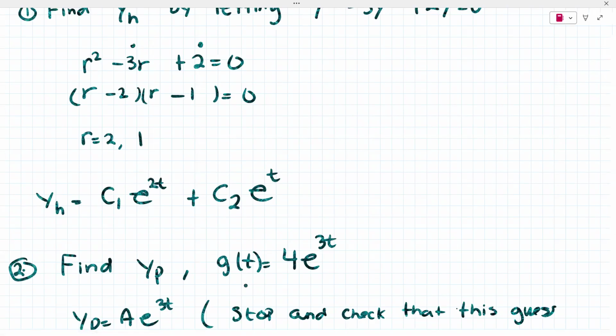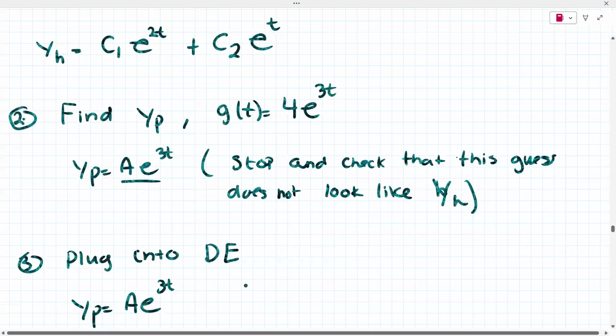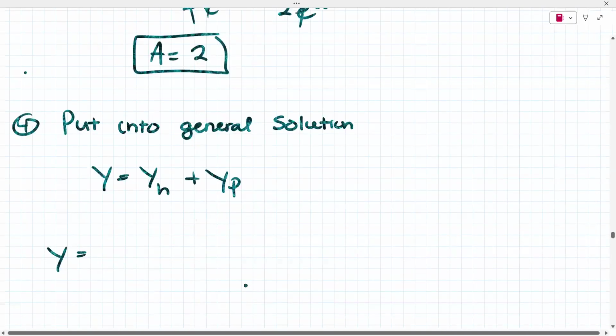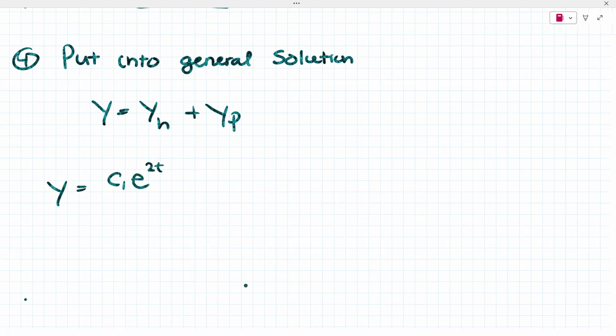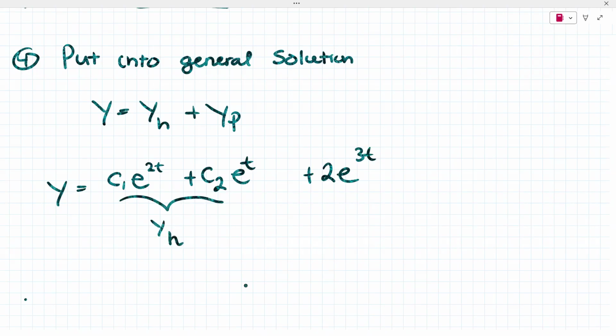And then what is my yp? ae to the 3t. So when you put that all together, that is going to be c1 e to the 2t plus c2 e to the t plus 2e to the 3t. So this is your yh, and this is your yp. So let's move on.